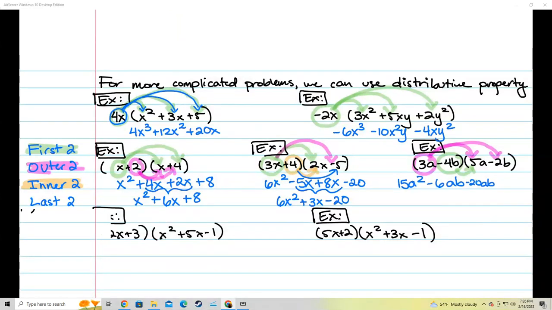And I'm not done distributing, so let me go ahead and go -4b times -2b. That's going to give me a positive 8b squared. And it looks like I can combine these guys because these have the exact same variables along with it. So I'm going to drop the 15a squared. -6 minus 20, that's going to be a -26ab, and then a plus 8b squared.